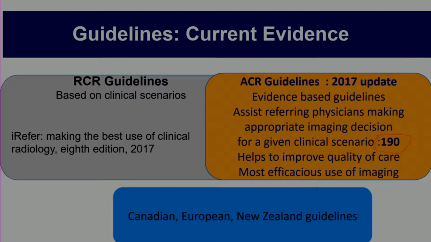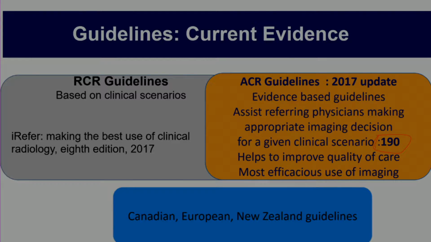The Royal College of Radiologists have their guidelines based on clinical scenarios, with the latest update in 2017, and you can see even the American guidelines are 2017. If you go to this website, you will see 190 clinical scenarios. For each and every clinical scenario, they have given which way to go in your clinical problem.